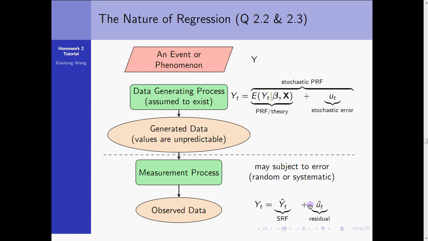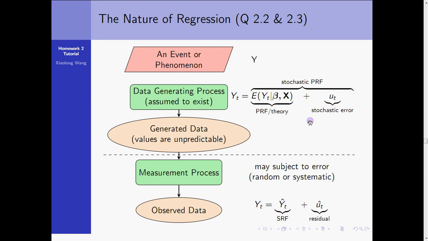The residual may have certain properties simply as a result of the regression analysis, regardless of how the data is actually generated. So that's the difference between the stochastic error and the residual. The stochastic error is some real, unobservable quantity that we have to make assumptions about, based on the model specification.